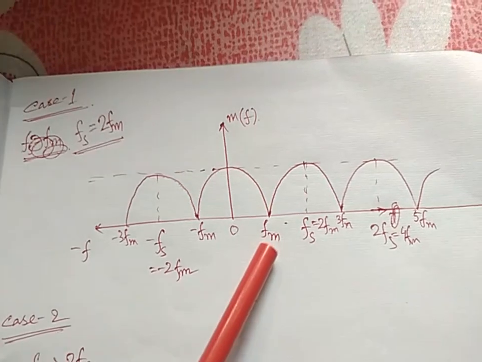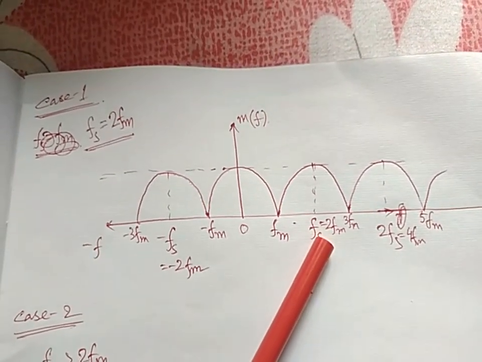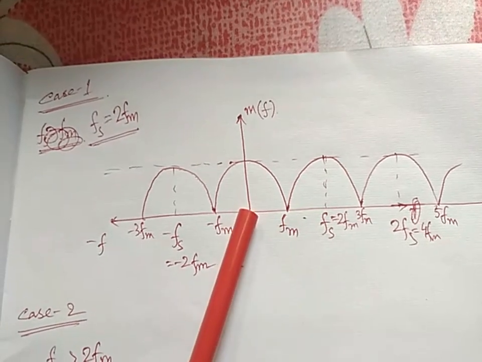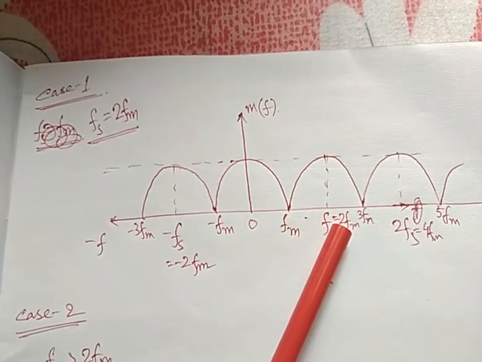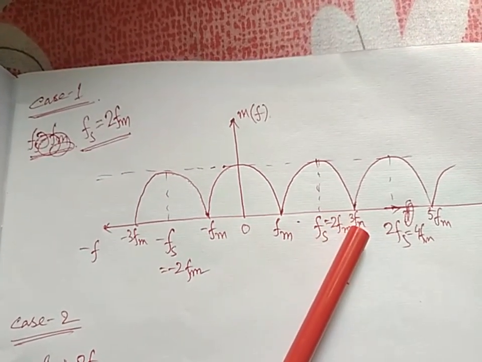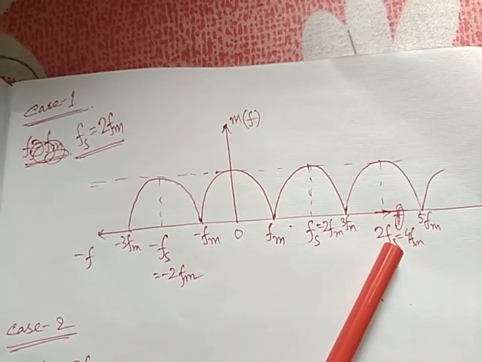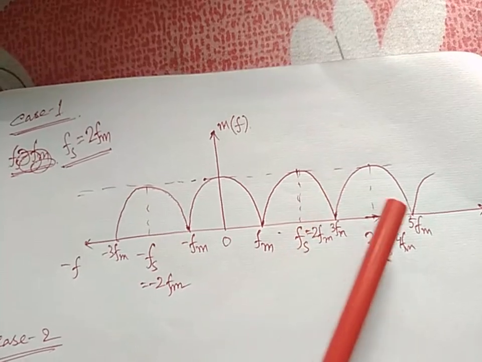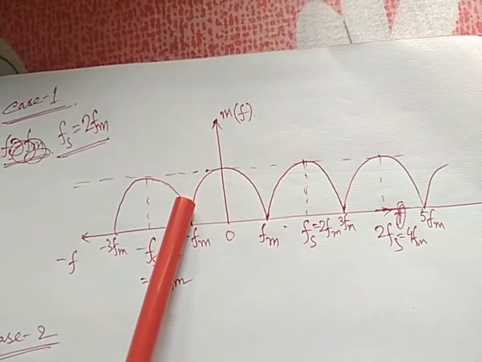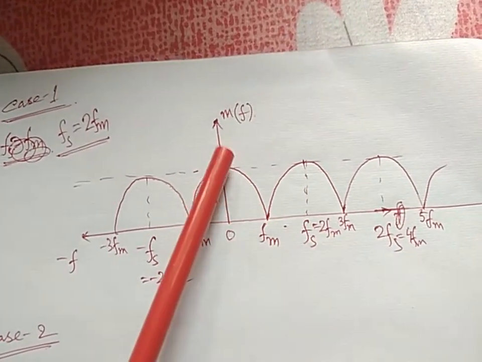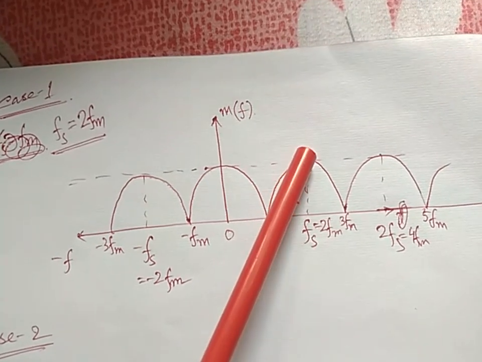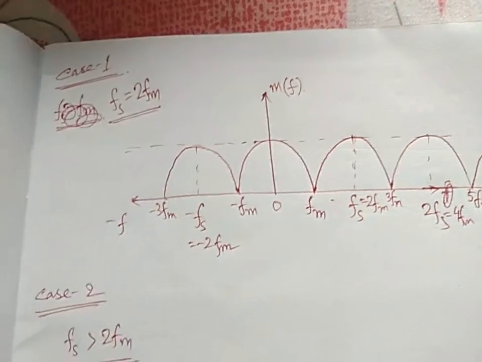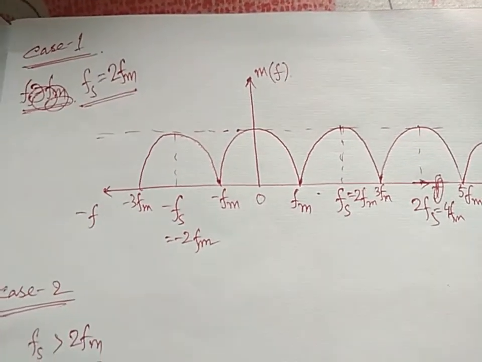So if fs equals twice fm, twice fm minus fm is fm, and here 0 plus fm is fm, and again twice fm plus fm is 3 fm, and here twice fs equals 4 fm, so 4 fm minus fm and plus fm, so 3 fm to 5 fm. So wherever the first one ends, the second one starts, whenever the second one ends, the third one starts.